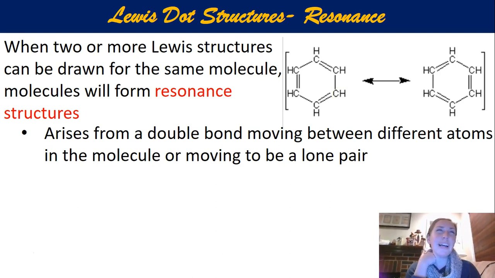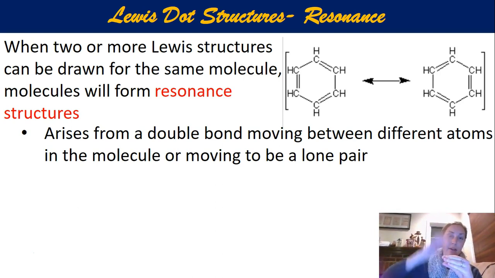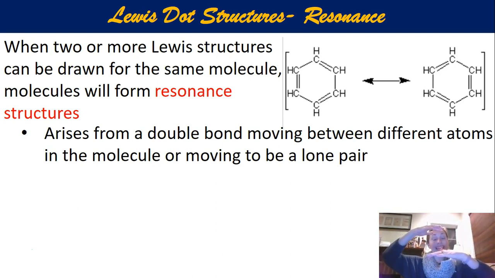And if you remember the notes 8.2 part 1, I talked about that the bonds aren't taking up the same spot. You have a sigma bond, and then a pi bond is your second bond that kind of goes around the other bond. So the pi bond is kind of above the molecule, that second bond, so it can float around the molecule if other atoms can take on those electrons.